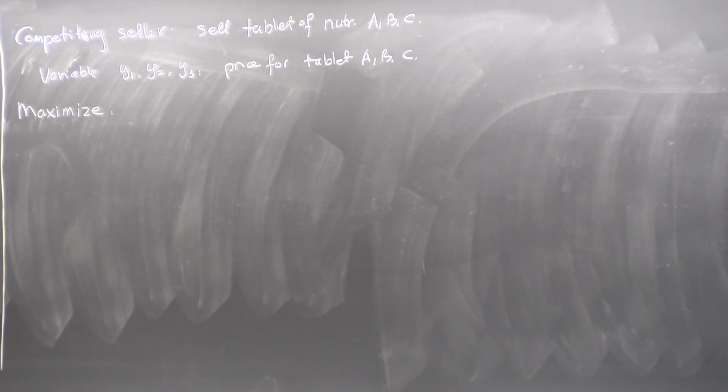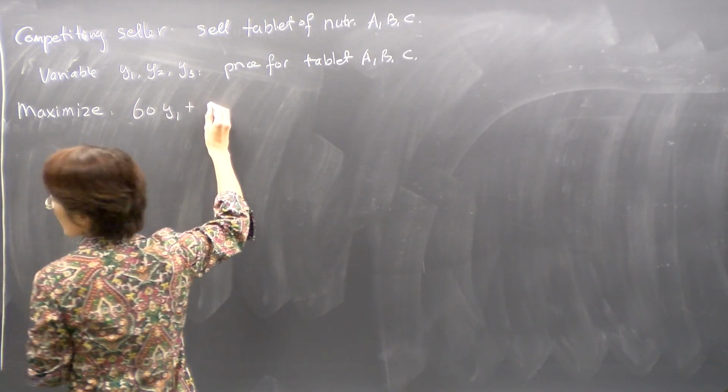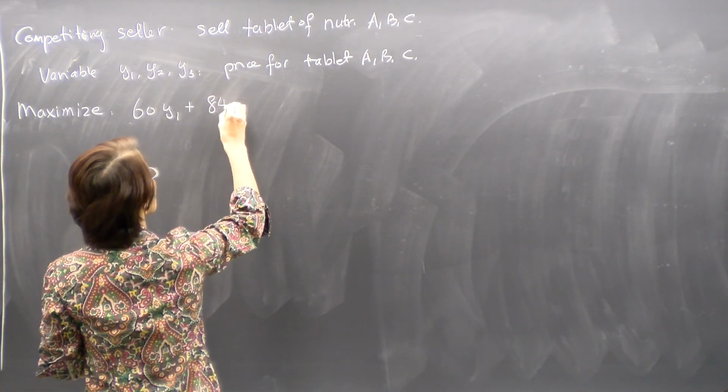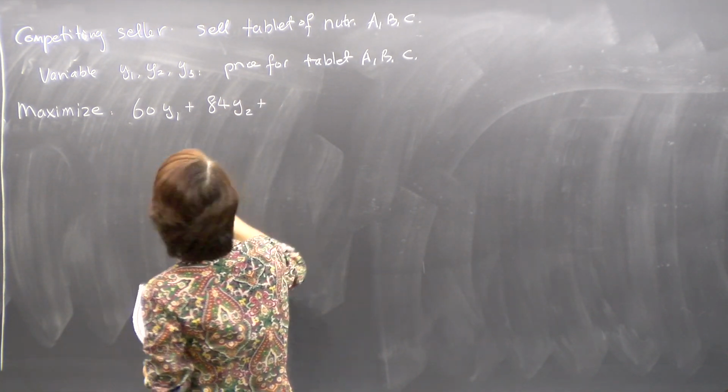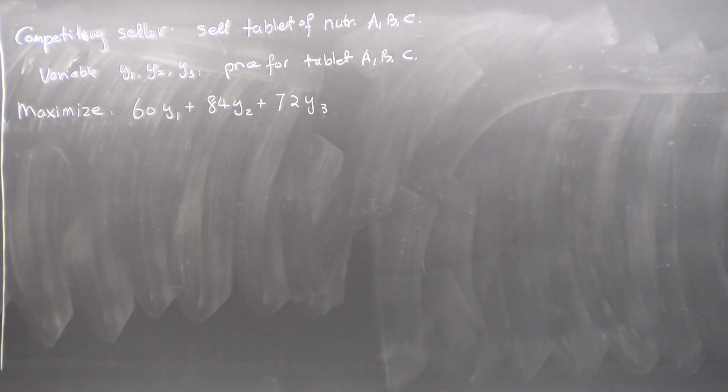He knows that to meet the minimum requirement of nutrients, the farmer will have to buy a total of 60 tablet A, 84 tablet B, and 72 tablet C. Add that up, that will be his profit. Agree? So the profit will be 60 y1 plus 84 y2 plus 72 y3. And he tries to maximize that. He wants to make money, of course.